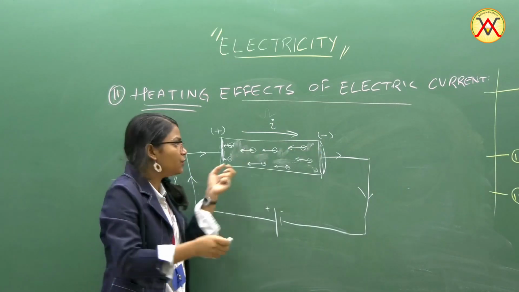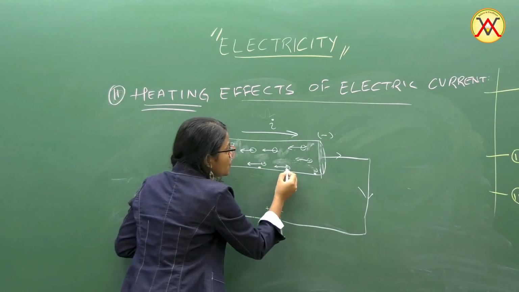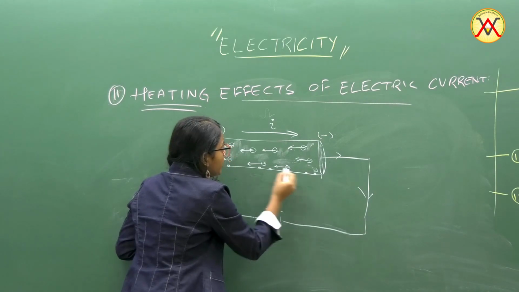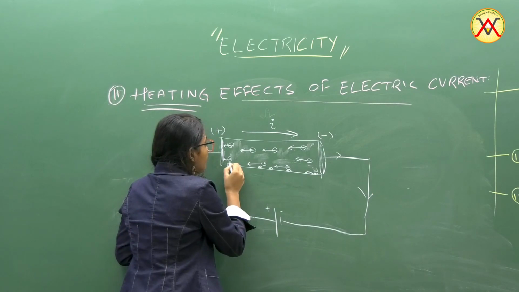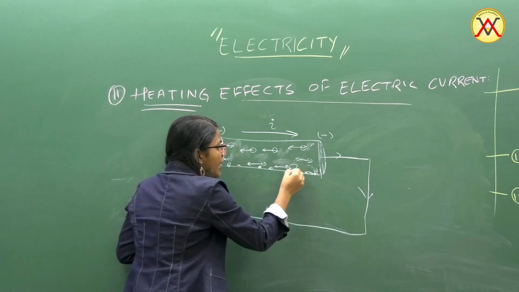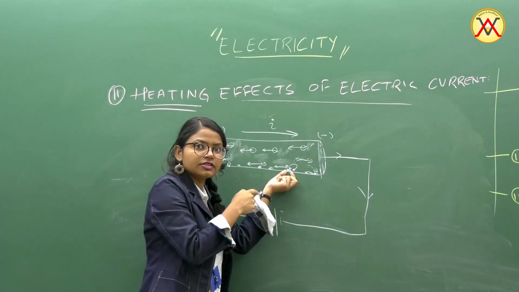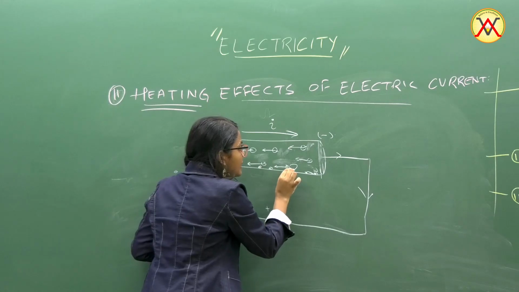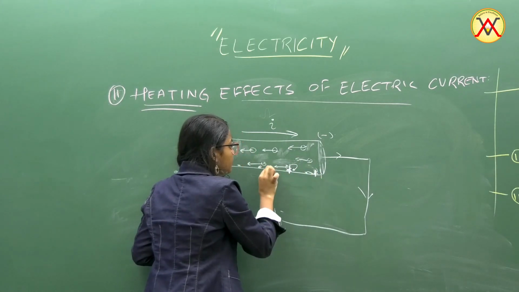But what can they do? The atoms which are present over here, whenever these electrons collide with them, they give their energy to this atom, right? When they are given this energy, these atoms start to vibrate at their own position.